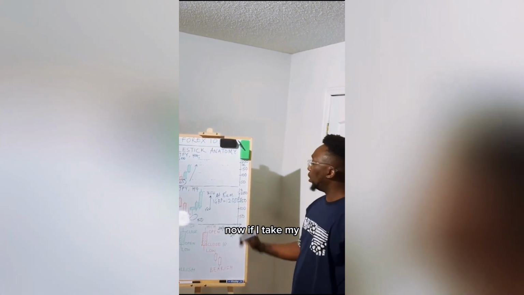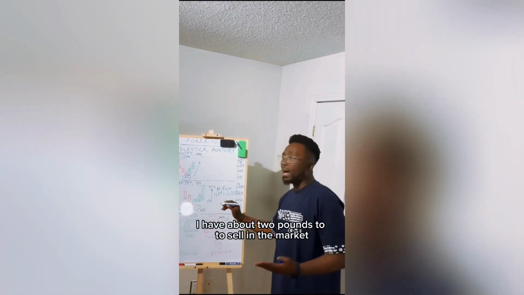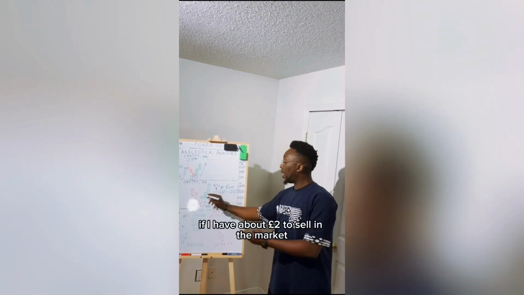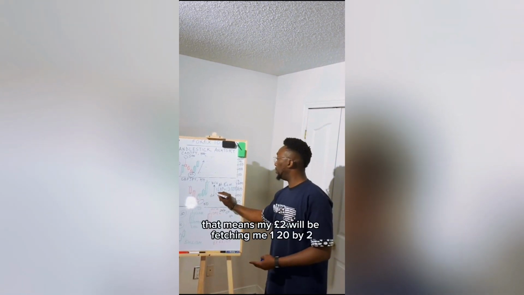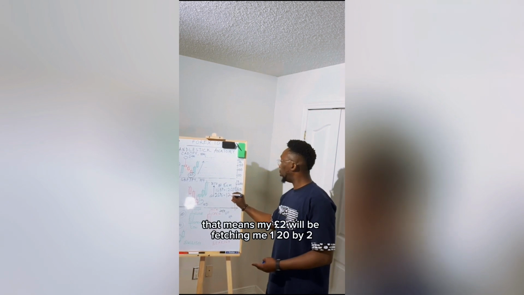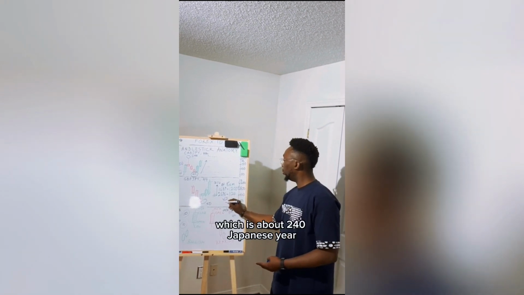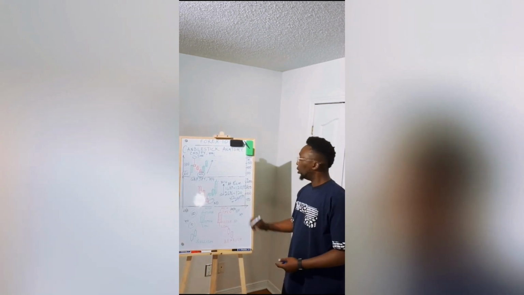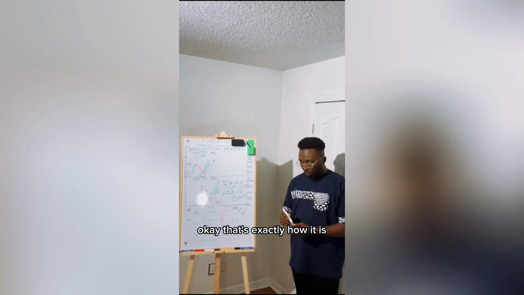Now, if I have about 2 pounds to sell in the market, that means my 2 pounds will be fetching me 120 by 2, which is about 240 Japanese yen. That's exactly how it is read.